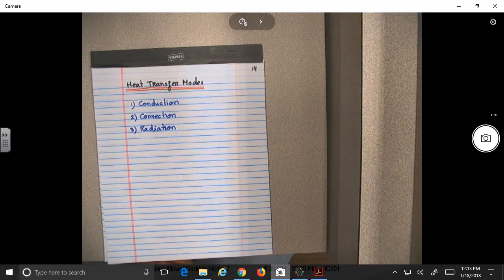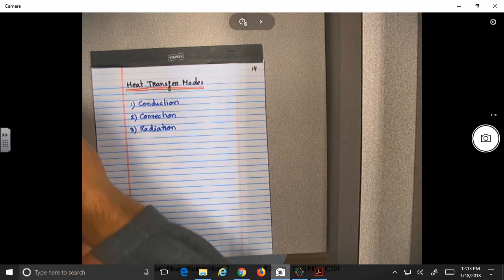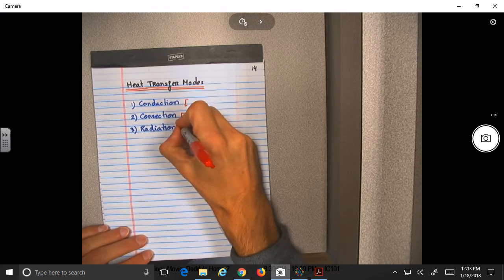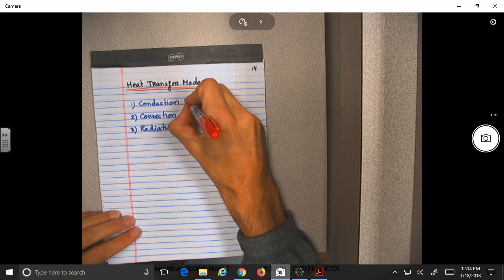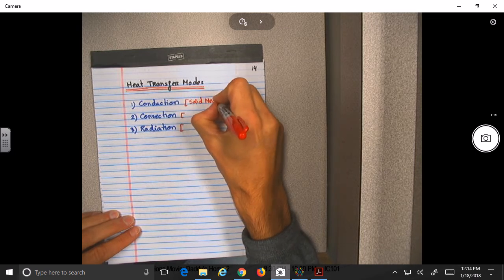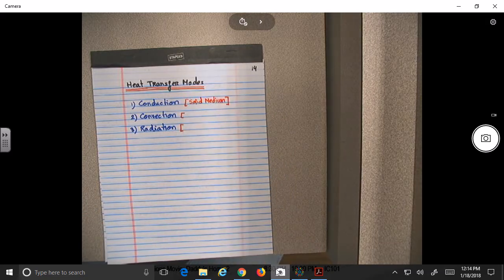It's not 100% exact, but I like to give keywords for you to remember, which are important. What is something very specific to conduction? You need a solid medium. Perfect. So if the heat wants to go through this wall, it needs to go through the solid medium wall, no?